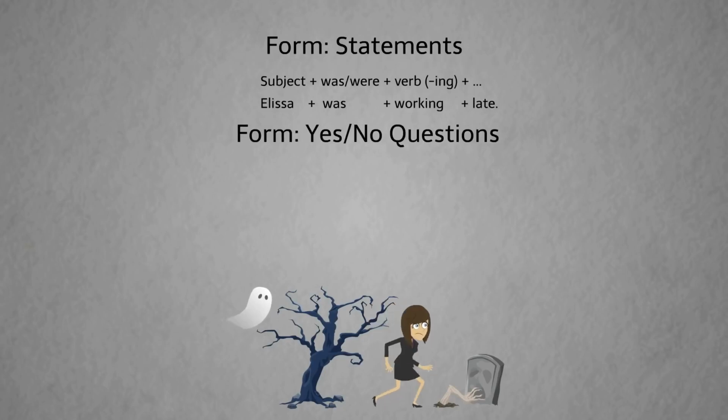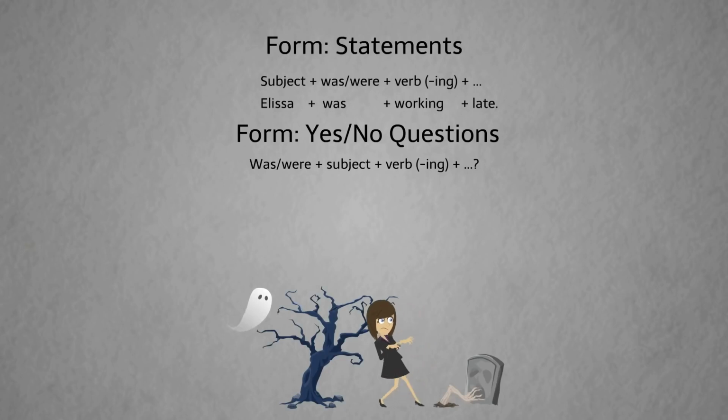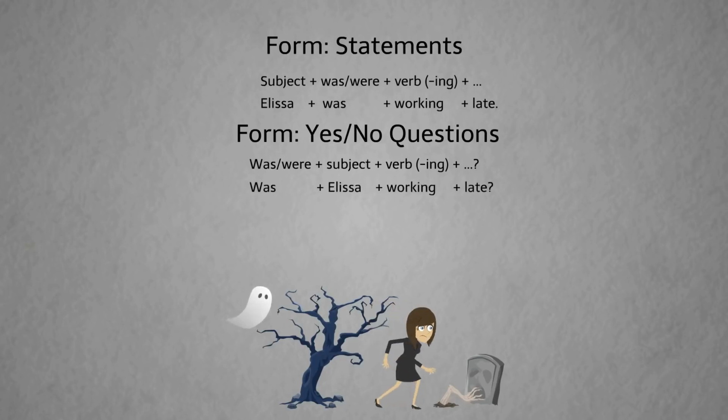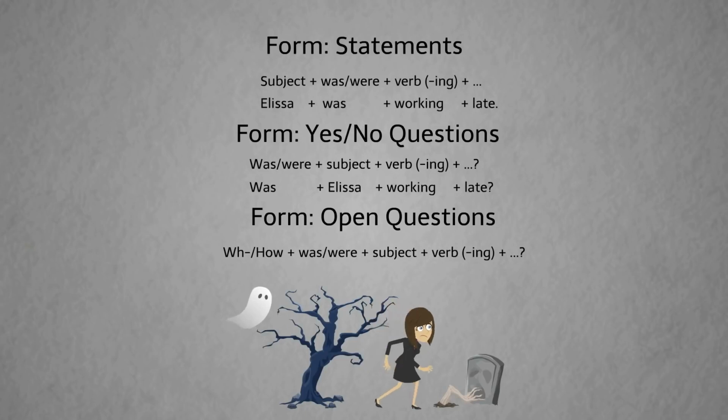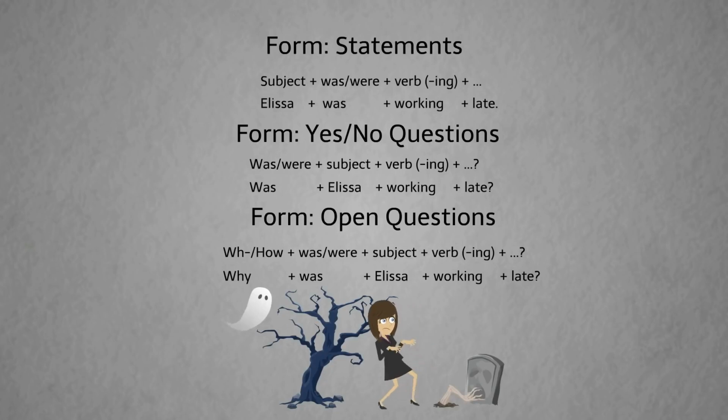The form for yes/no questions is was or were plus subject plus verb in the ing form. Was Alyssa working late? For open questions, it's WH question word plus was or were plus subject plus verb in the ing form. Why was Alyssa working late?